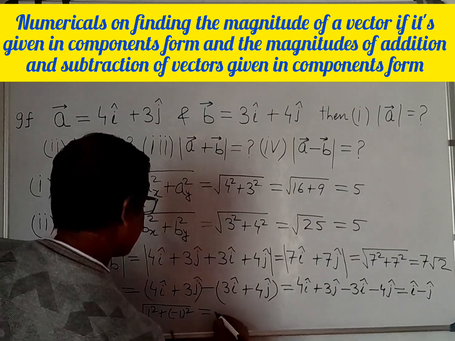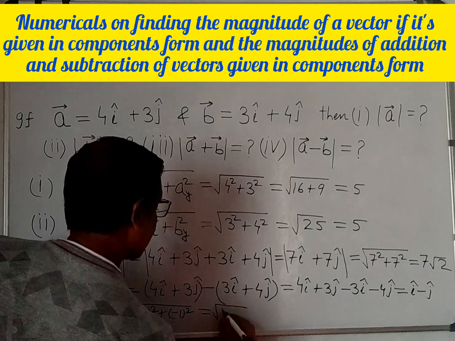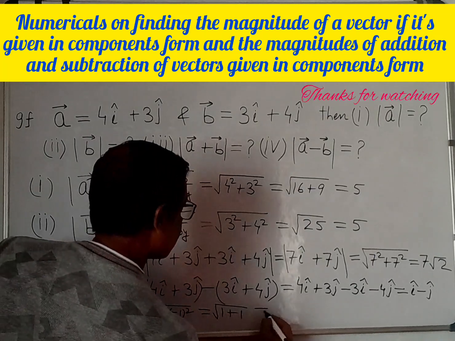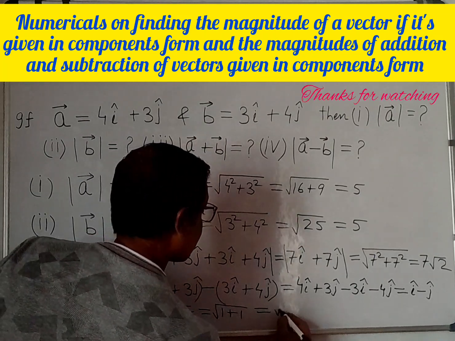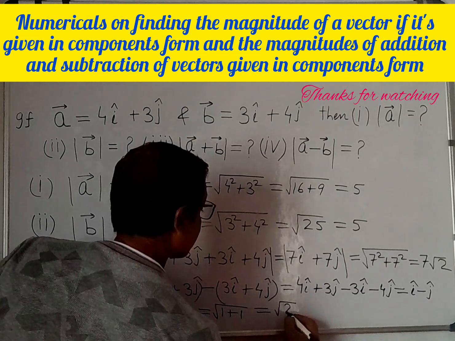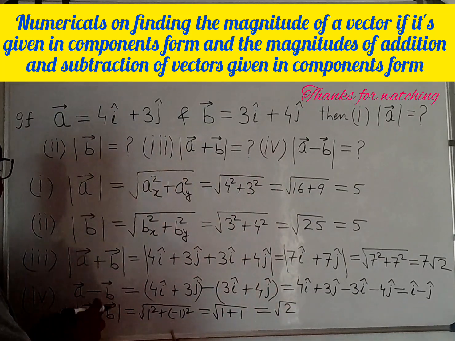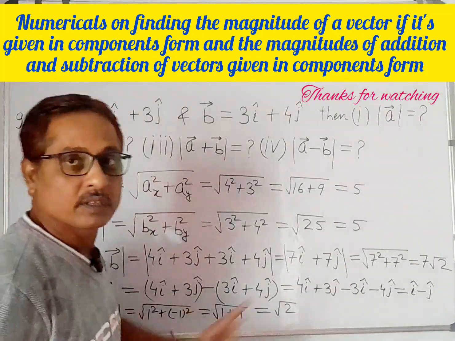It will become the square root of 1 add 1, that is equal to the square root of 2. So the magnitude of vector A minus B will be equal to the square root of 2.